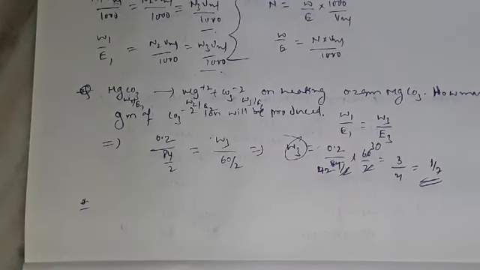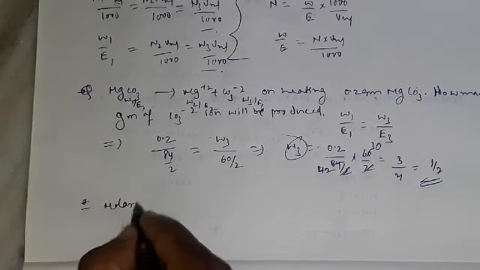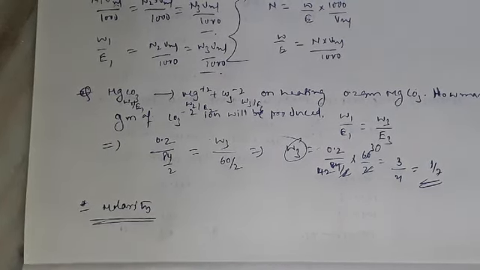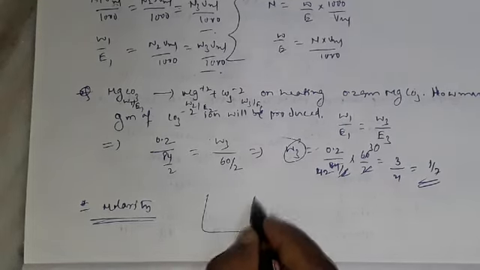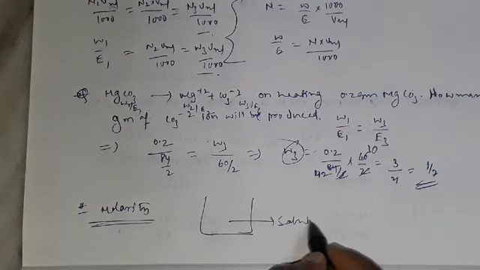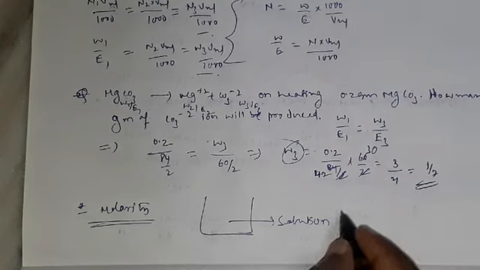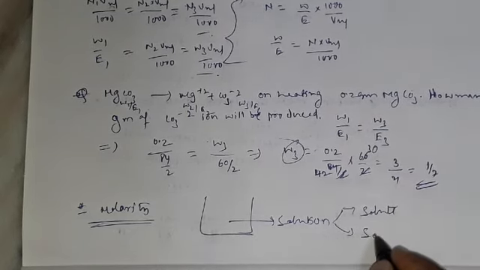Next, here we are going to discuss molarity. For molarity, first you need to know solute and solvent. Suppose one container is there, and in it some solution is present. That solution should have the solute and solvent.